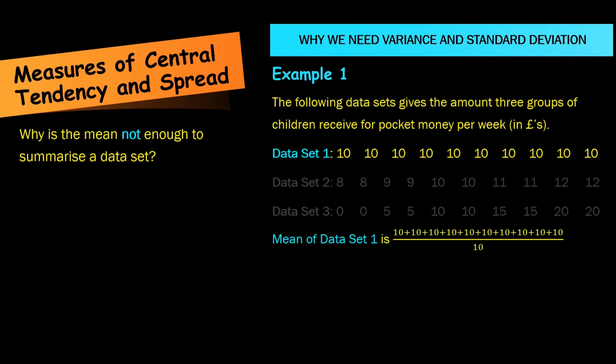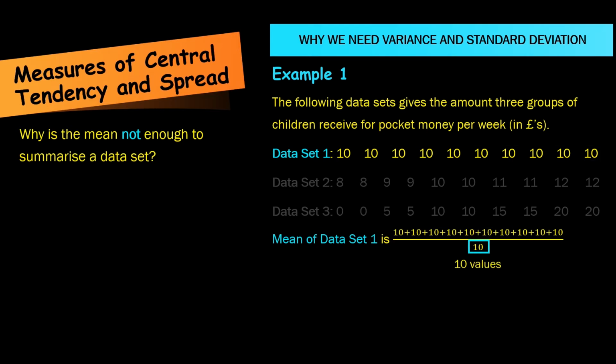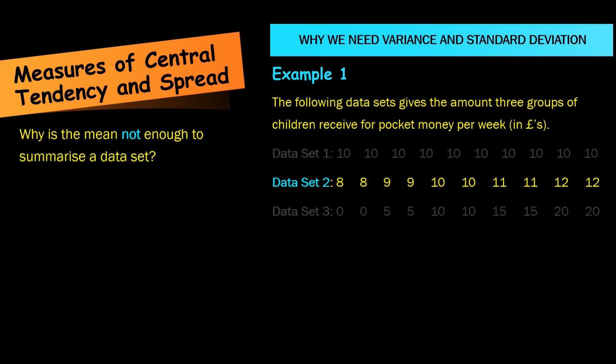The mean of dataset 1 is all the values added up together, which happens to be all tens, divided by the number of values we have, which also happens to be 10. So the mean is equal to 10. And now for dataset 2.